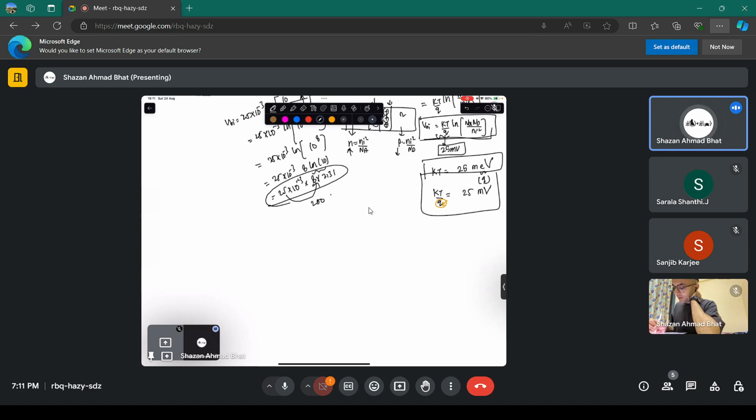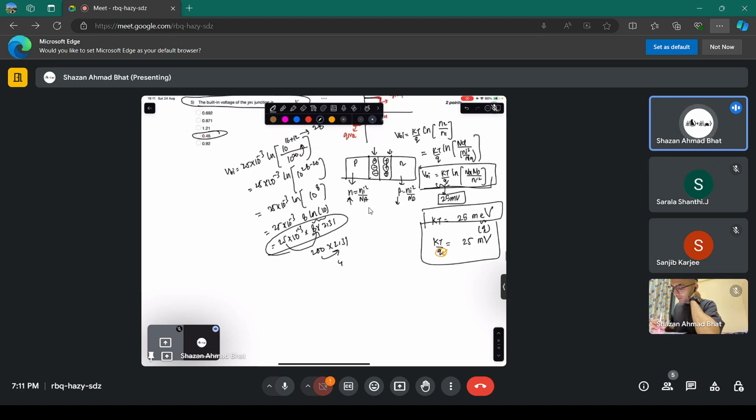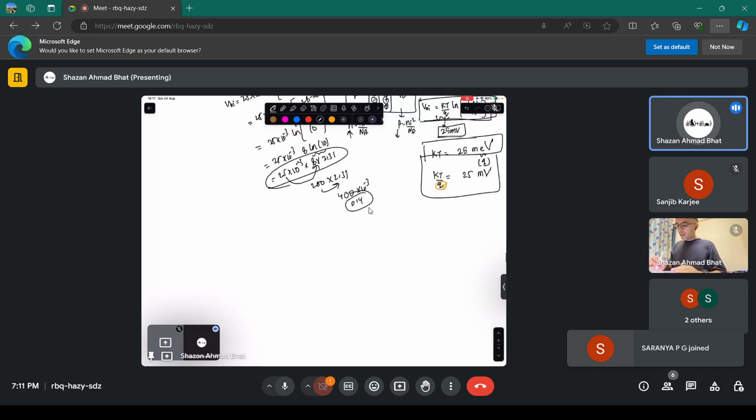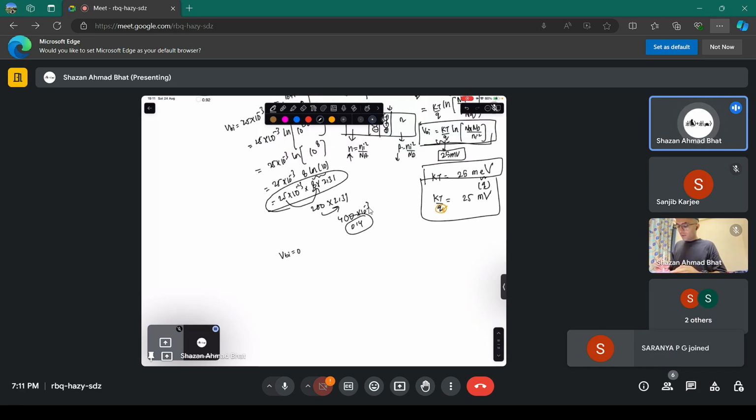I think it's 200 into 2.31. Let's see, 200 into 2 is 4, so somehow it'll come to 400. So the answer is 0.46. Because there is 10 to the power minus 3, it will become 0.4, so you get the answer. Okay, so this is about the question. So you get built-in voltage to be 0.46 volts.